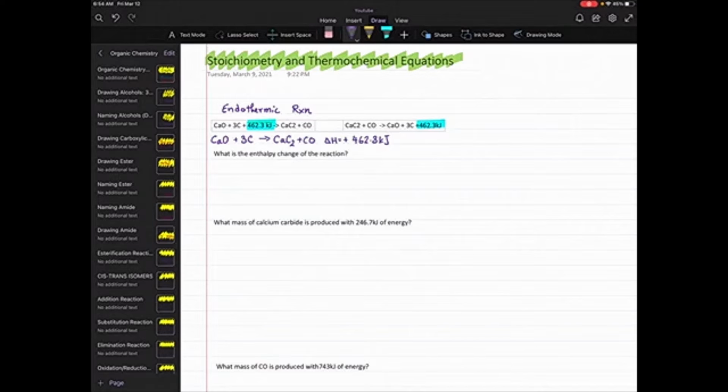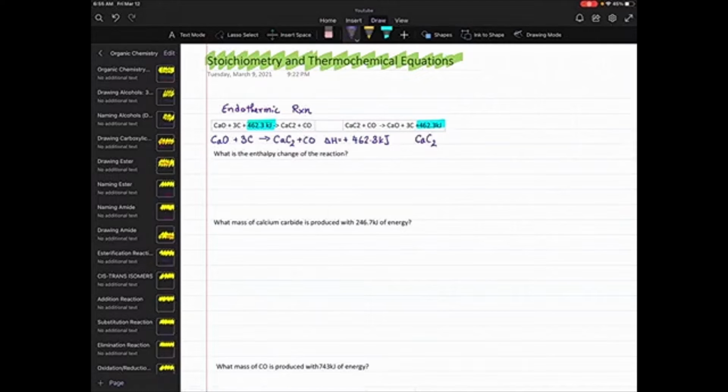Let's look at the second equation that we have on the right-hand side. We have calcium carbide plus carbon monoxide forming calcium oxide and 3 carbons. Energy is on the right-hand side. If we were to rewrite this equation with energy as a separate component with a delta H value, it would look like this.